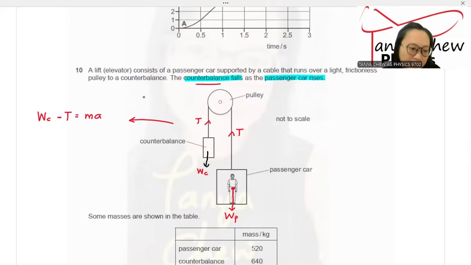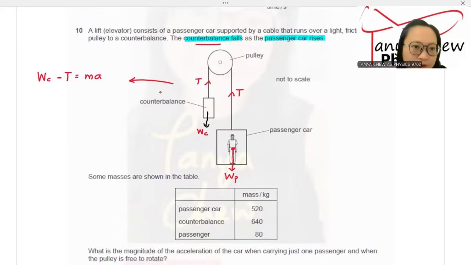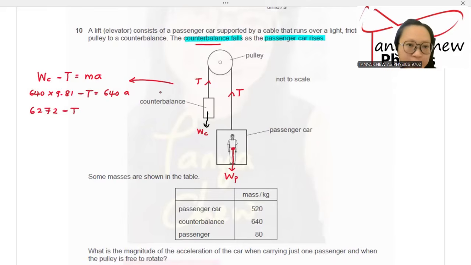The mass of the counterbalance is given, which is 640. To find the weight, you just multiply by 9.81 gravitational acceleration. Minus tension is equal to the mass of the counterbalance, because this is related to only the counterbalance, 640a. So simplify this. Okay, I get 6,272 minus T equals 640a. Put this as equation 1.